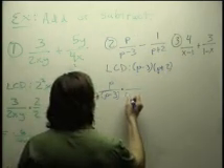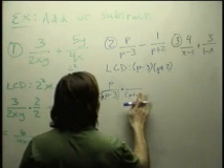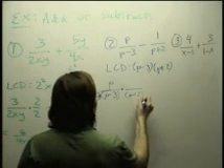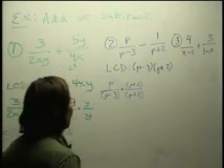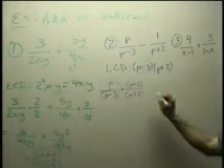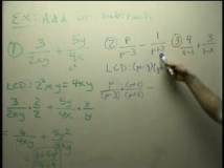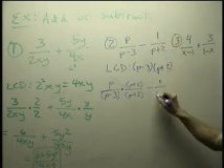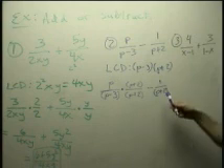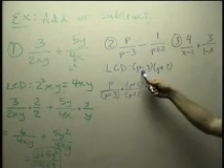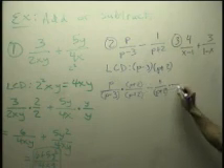So what I need to multiply by is the p plus 2. And I need it on top to keep the same value. Minus, I have 1 over p plus 2. Again, I'll put that p plus 2 in parentheses. I have the p plus 2, so I need the p minus 3.